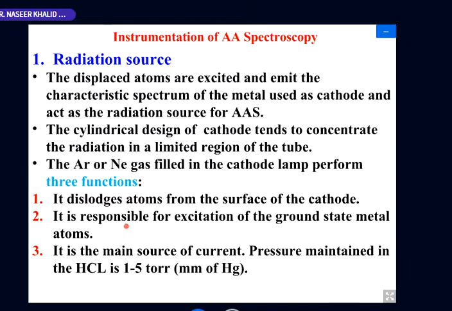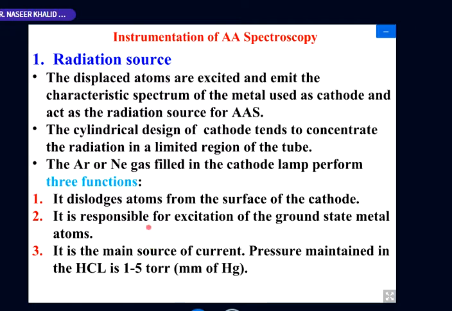When they shift the energy to the atom, the atoms absorb that energy and are excited to the next energy level. And when they are de-excited, they give us characteristic radiation, and that is the speciality of this technique. That is because the exact wavelength will be there.